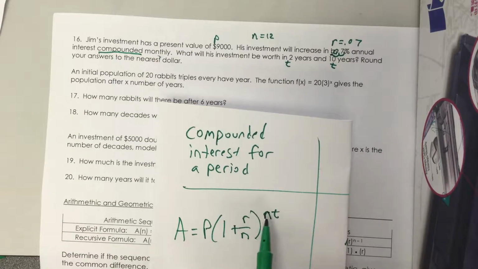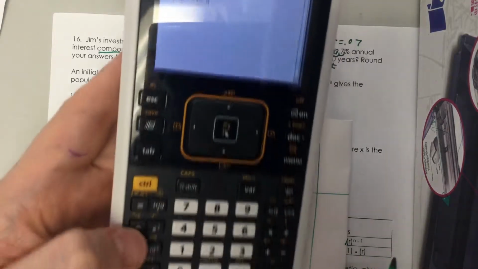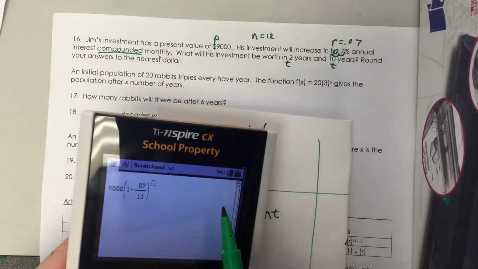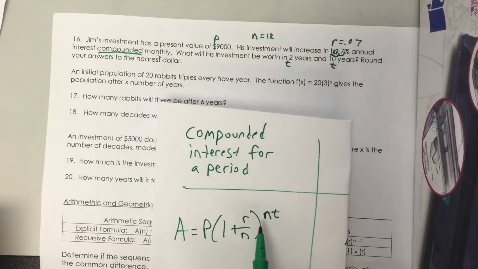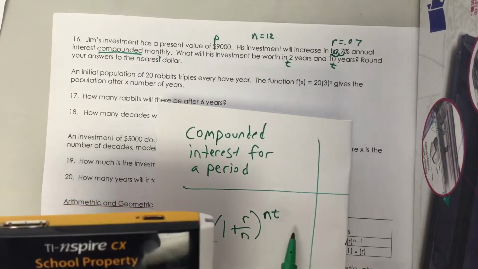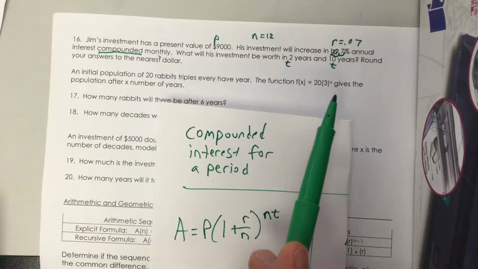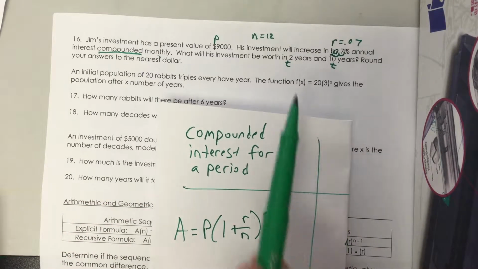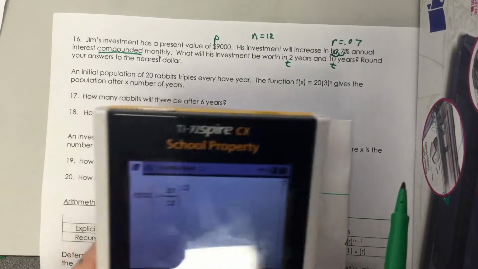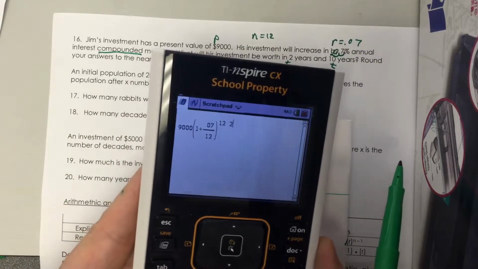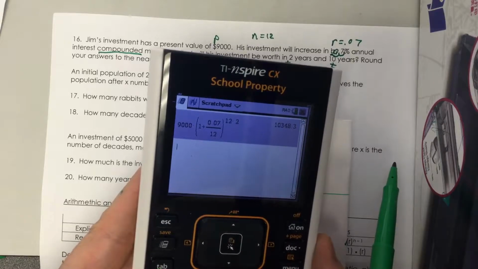Raised to the power of N times T. So I hit my caret button here to get my exponent power. N times T. N, like I said, is 12, times T. Well, I'm answering the first question. It's going to be 12 times 2. This is going to be my first answer.